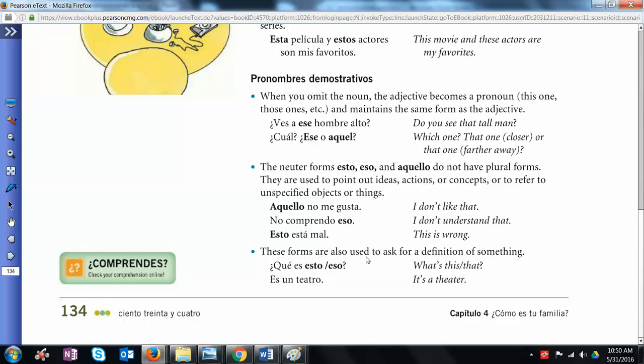Well, you can't give it a gender because you don't know what it is. And even if you kind of know what it is, by using the gender neutral, you're almost putting it down. So that's when you use esto, eso, and aquello, and there is no plural form to them.